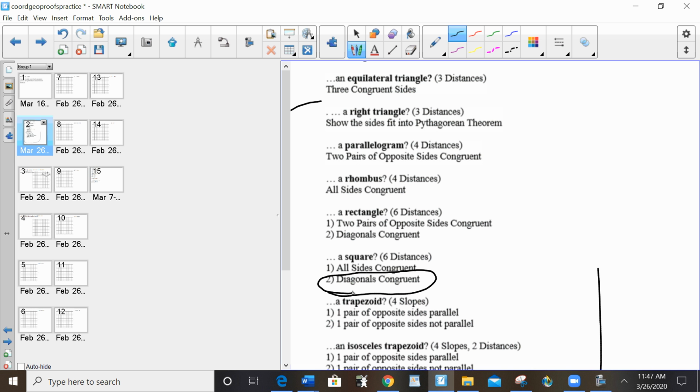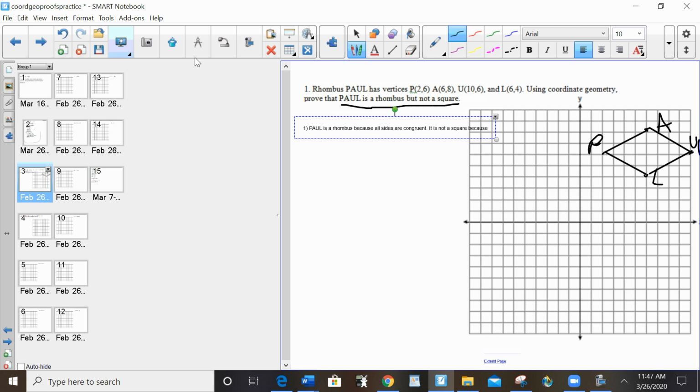So if it's not a square, then we're going to say because the diagonals are not congruent. The reason I'm writing small is just because this question takes up a lot of space. All right, that's step 1.